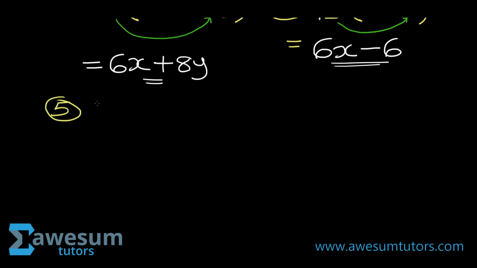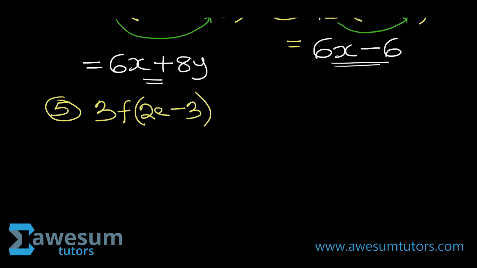Example 5.3. Brackets 2e. Let us do 3f, 3f bracket 2e minus 3.